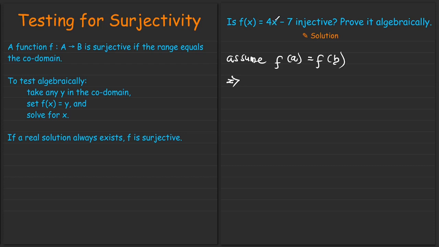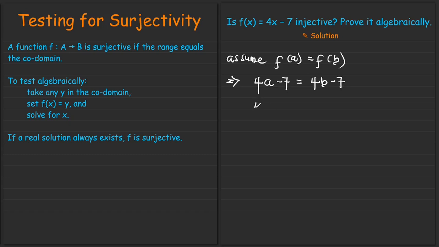So working this out, we have f of a. f of a simply means you are going to substitute the x here for a. So that we have 4, instead of x we have a, then minus 7 is equal to f of b. So instead of the x as well, we are going to put b over there. So we have 4, then b minus 7. All we need to do now is to prove that a is equal to b.